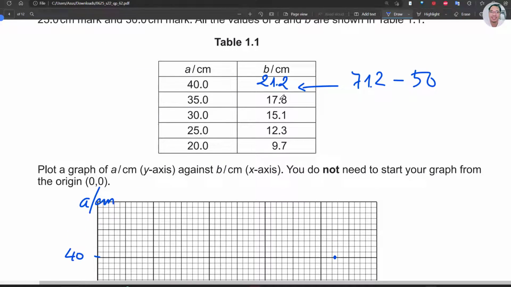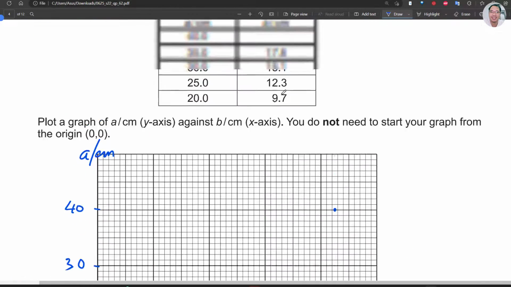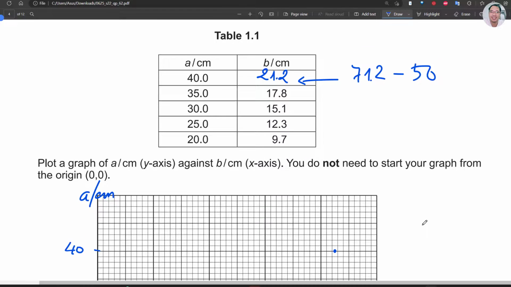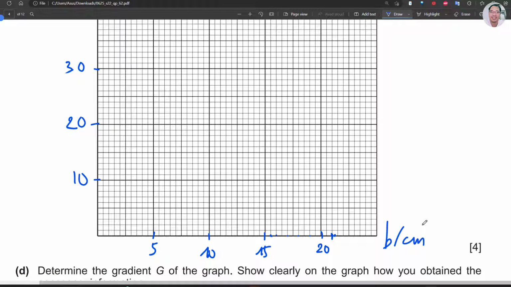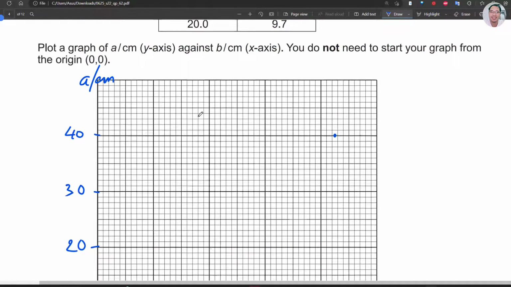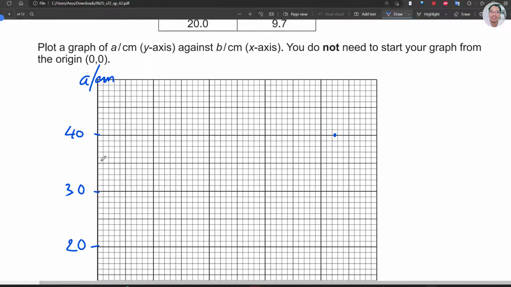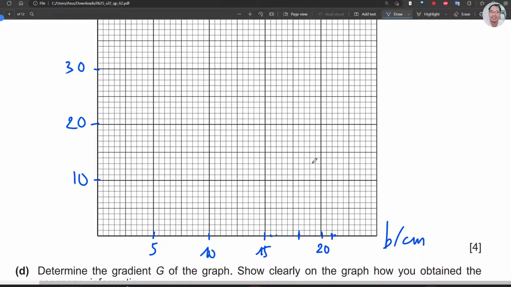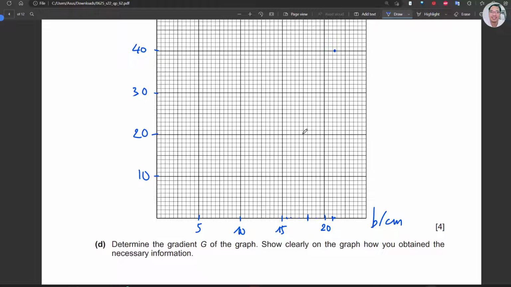Next, 35 and 17.8. 17.8 is very close to 18, which is here, and 35 is right in the middle here. Okay, 35, 18, this side. This is the second point.